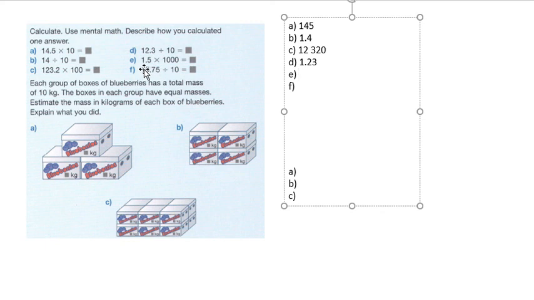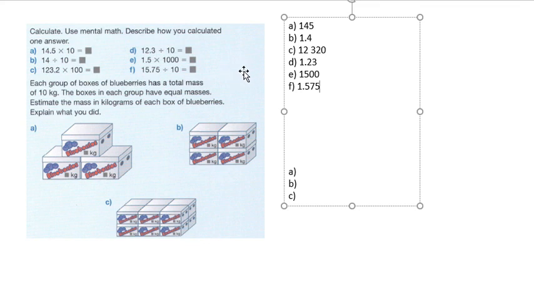So our 1 here, for example, which is 1, that would end up being 1,000. So this would be 1,500. And lastly, 15.75 divided by 10, it's getting smaller, so it would be 1.575.